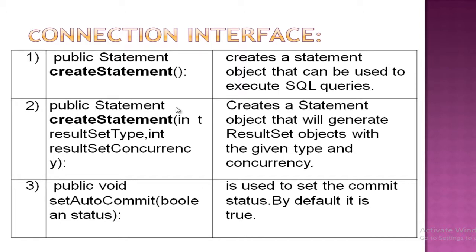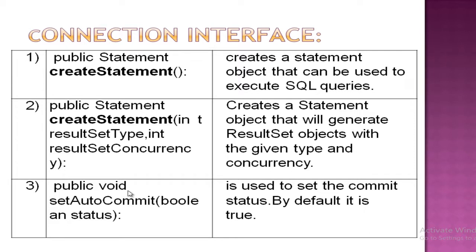Public statement createStatement, integer resultSetType, comma, integer resultSetConcurrency. So here it creates the statement object that generates the result set, because here we have given the integer result set type. So that will generate the result set object with the given type and concurrency.